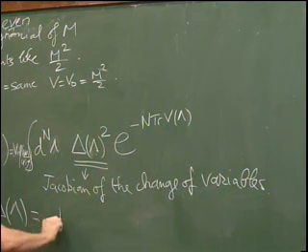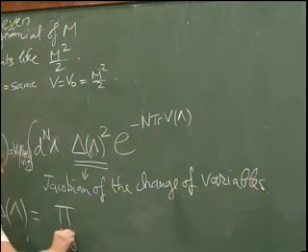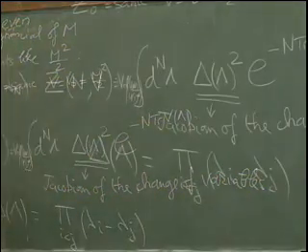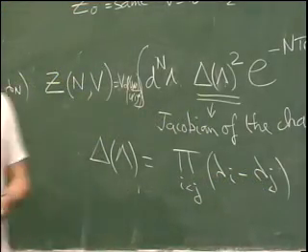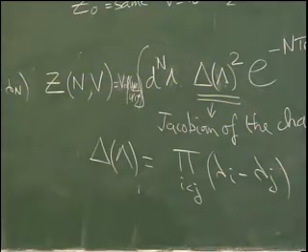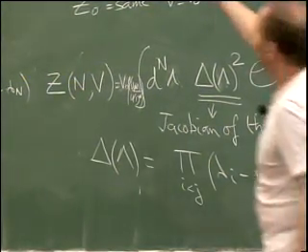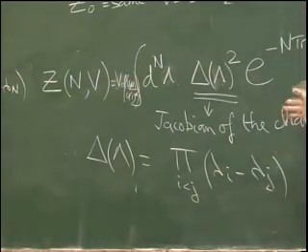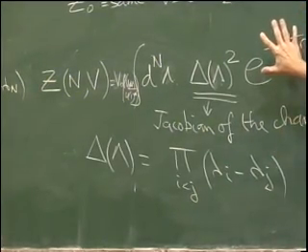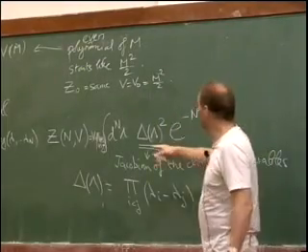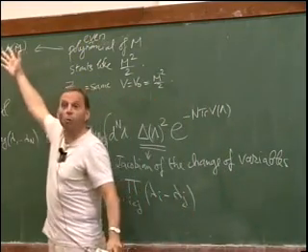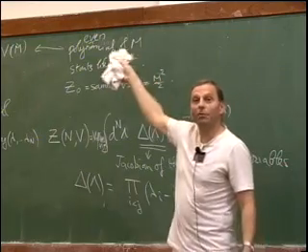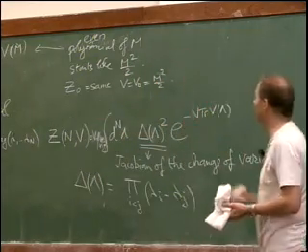And the van der Monde is just product i less than j of lambda i minus lambda j. So in a sense, you see, going from the matrices to the eigenvalues, you're almost dealing with the same object, but only in n dimensions as opposed to n squared, which would be really the actual number of real variables you have in the former integral.